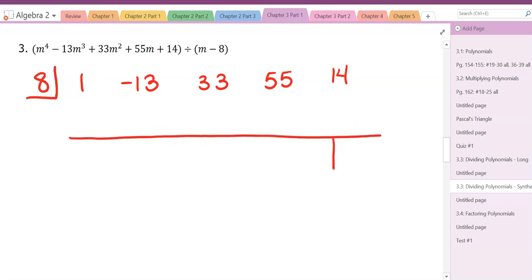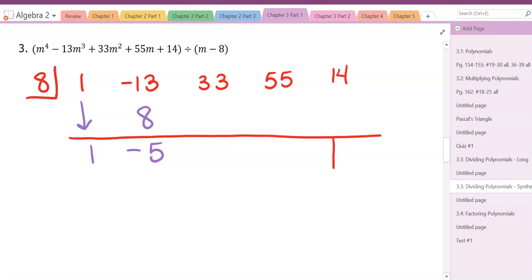Okay, so you should have put +8 up in your box. You've got m to the 4th, m to the 3rd, m squared, m, and then your 14. So it doesn't skip over any terms, so you should just be able to write out your coefficients like I have here. Bring down your first one. And then we begin our process. 1 times 8 is 8. -13 plus 8 is going to be -5.